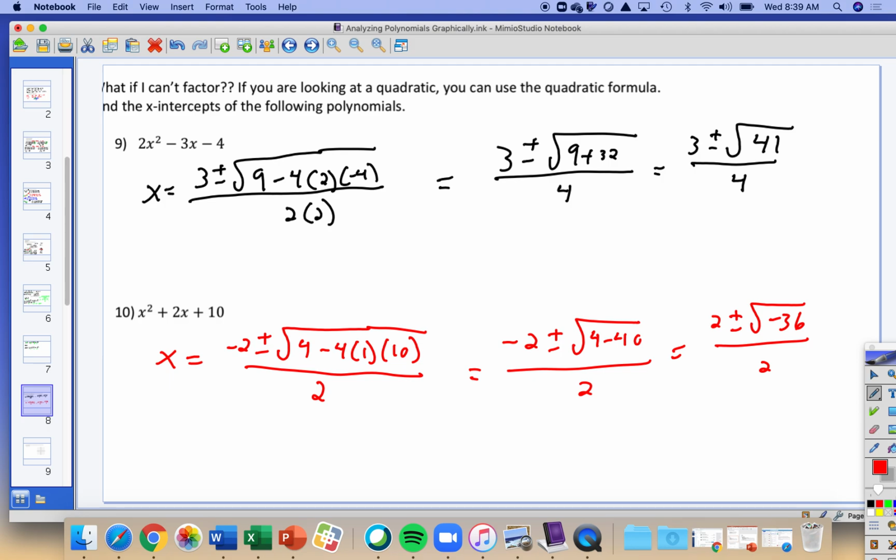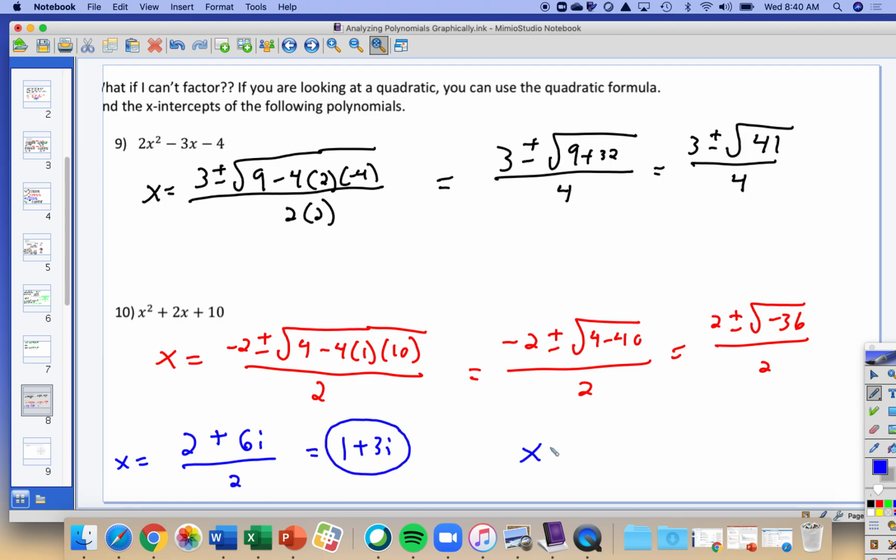So in this case, if we kept simplifying, we'd have negative 2 plus the square root of negative 36 is going to end up being 6i over 2. And we can simplify this even more to be 1 plus 3i. That is one of my zeros.